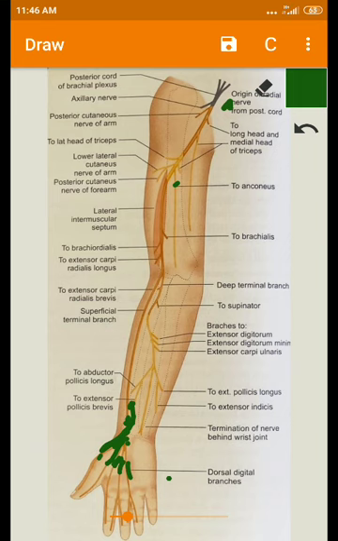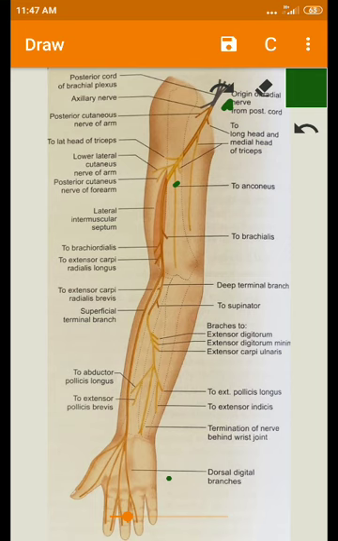So now we will see the nerve supply, that is the branches of this radial nerve in the arm. What are the things it is going to supply in the arm, forearm and in hand? Okay, now we will see that.